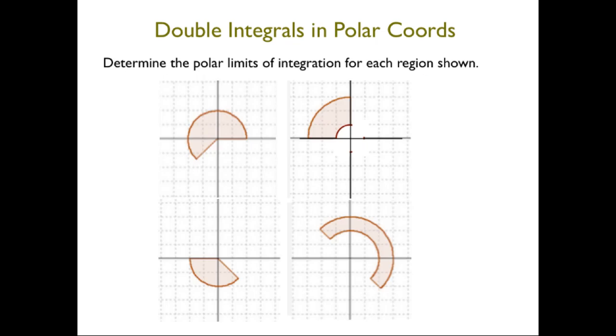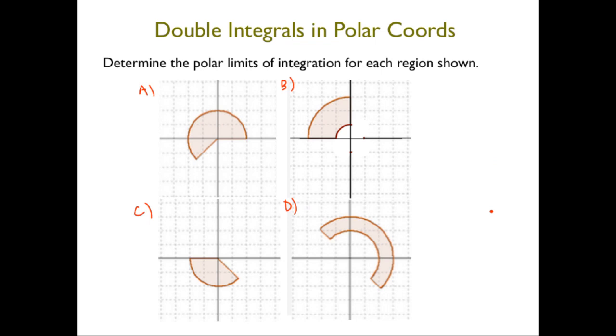Okay. Here we go. We'll call these A, B, C, and D. You're going to write just the limits of integration, right? For each one, you're writing r goes from what to what? And then theta.